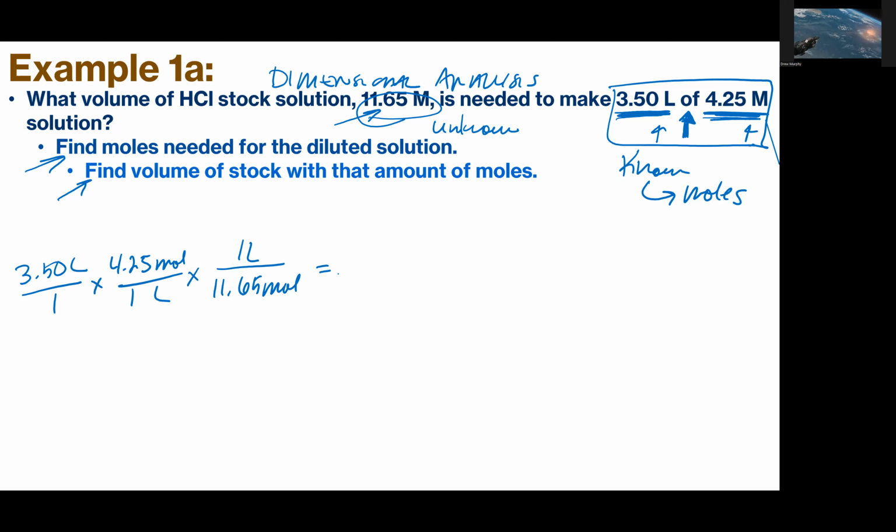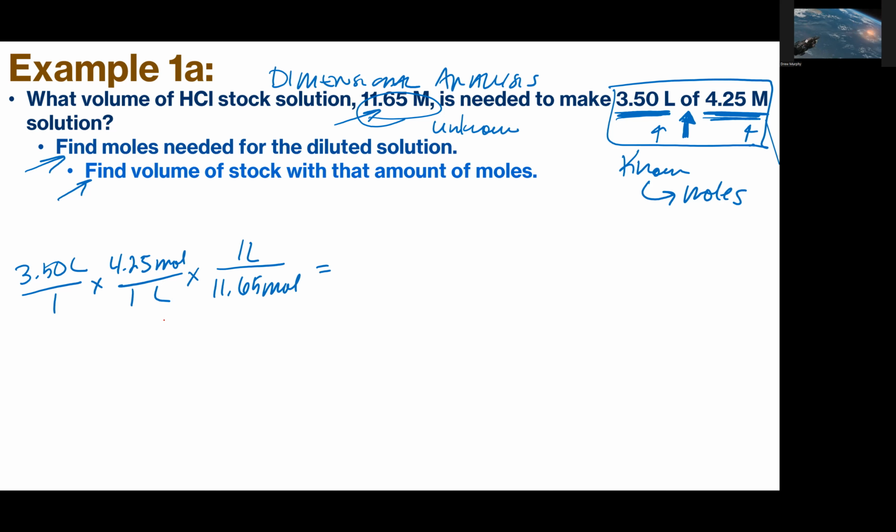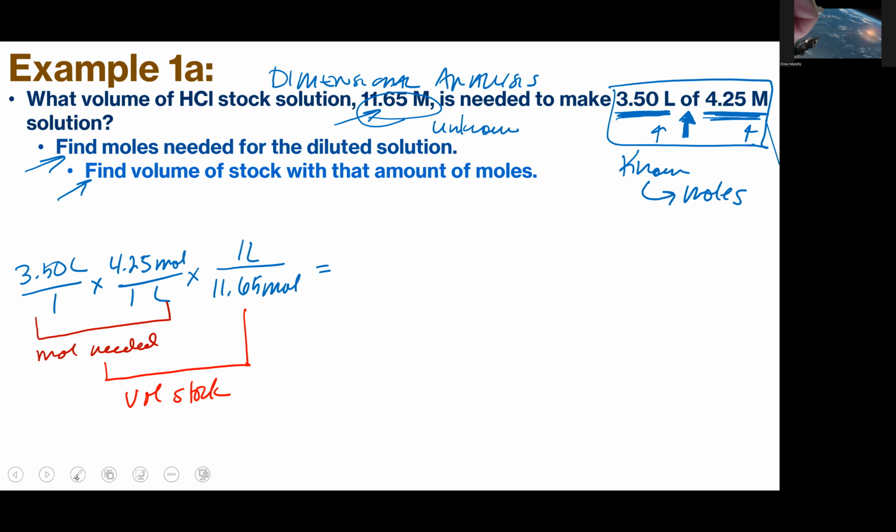This calculation will give us moles needed, and then this will tell us the volume of stock that has that many moles in it. When we multiply all this out and divide things around, we get 1.27628 liters of stock solution, which for three significant figures is 1.28.